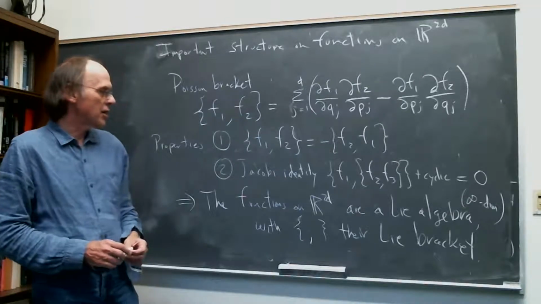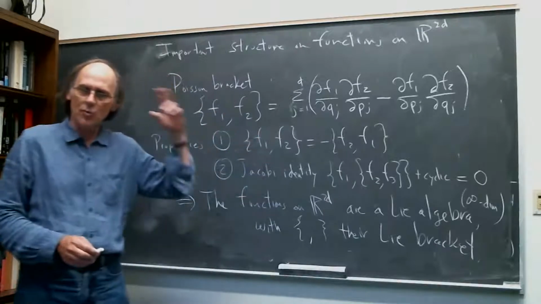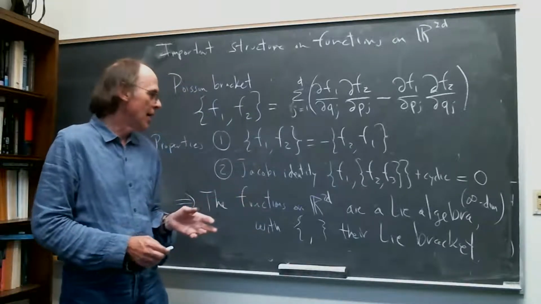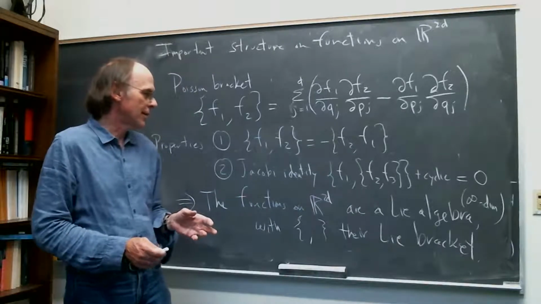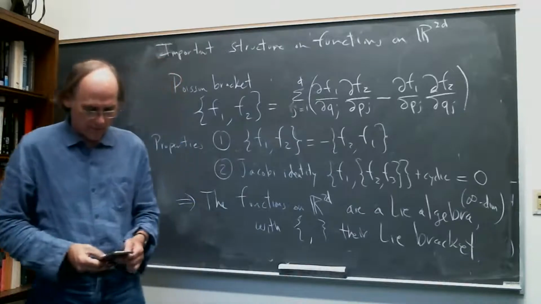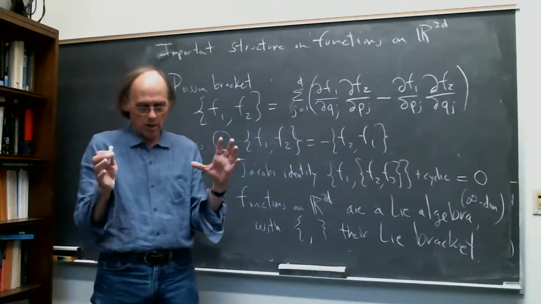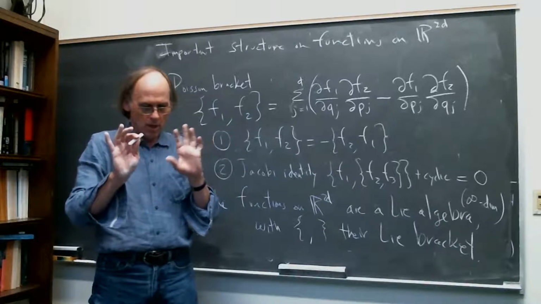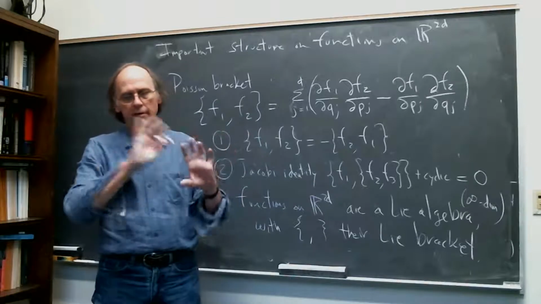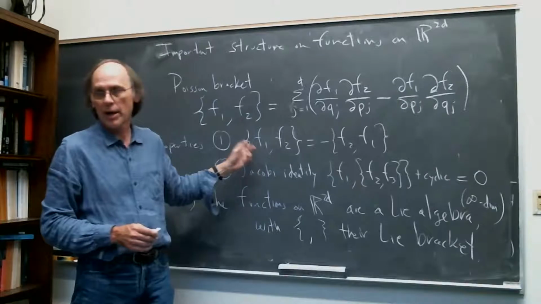But we're not actually going to use the Lie group very much. Let me just say this in words. There is a Lie group behind all this, and it's basically the group of all C infinity isomorphisms of R2D with itself that preserve the Poisson bracket.